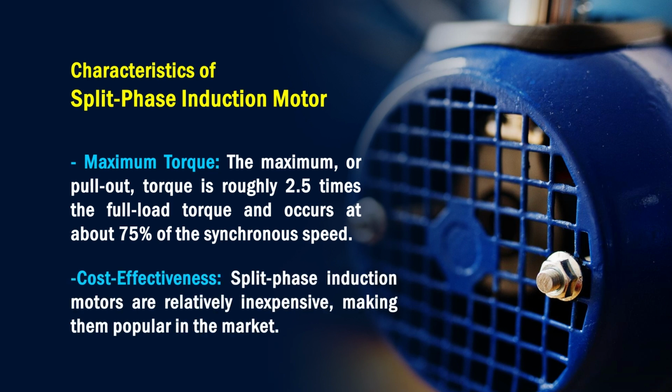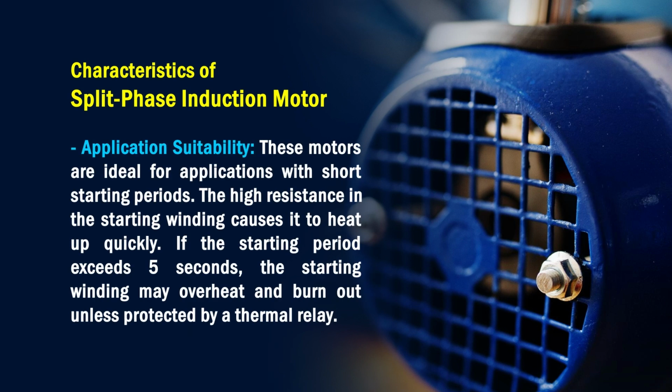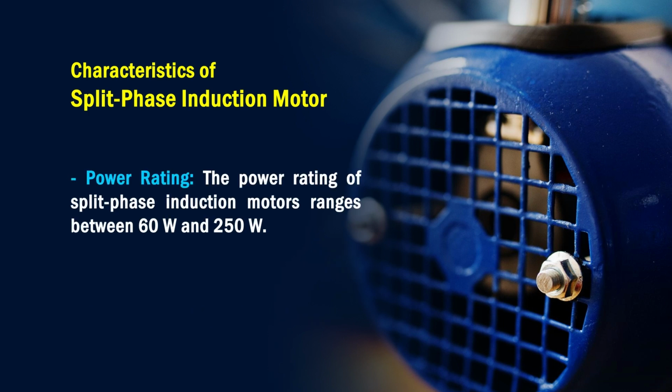The split phase induction motors are relatively inexpensive, making them popular in the market. These motors are ideal for applications with short starting periods. The high resistance in the starting winding causes it to heat up quickly. If the starting period exceeds 5 seconds, the starting winding may overheat and burn out unless protected by a thermal relay. The power rating of split phase induction motors ranges between 60 watt to 250 watt.